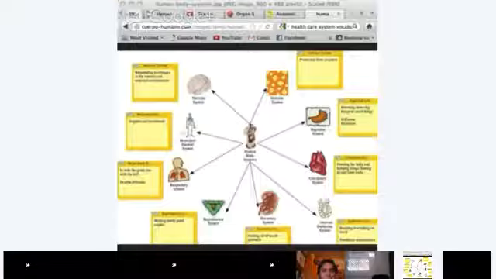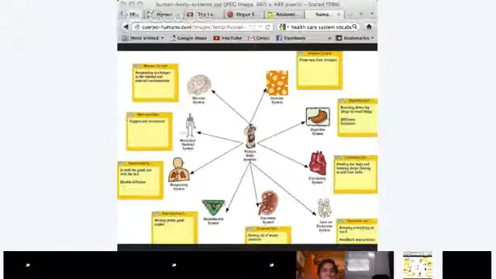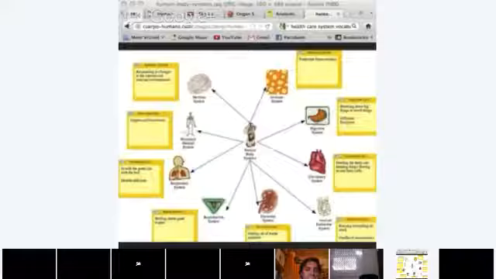The bicep. Muscles and bones. Good, muscles and bones. And cartilage also. Yes, cartilage. And what is the difference between cartilage and bone?